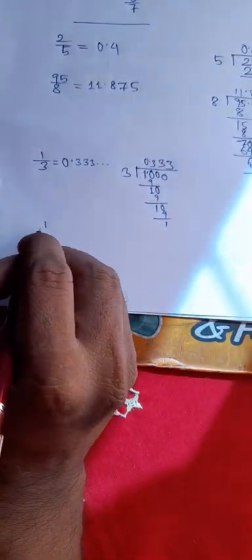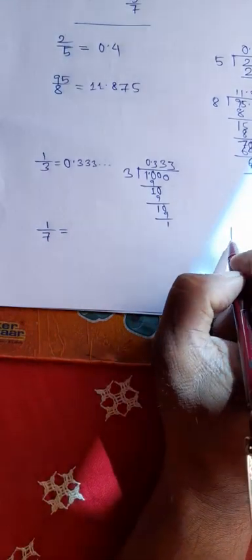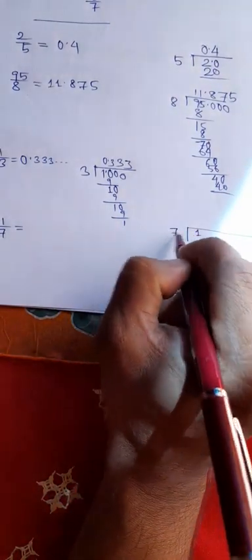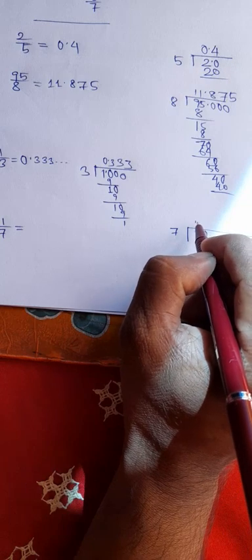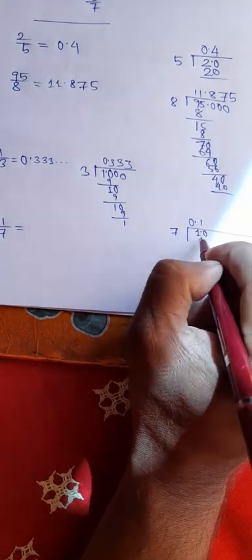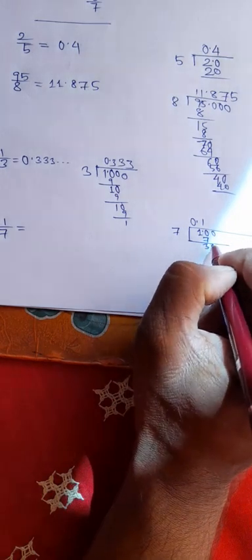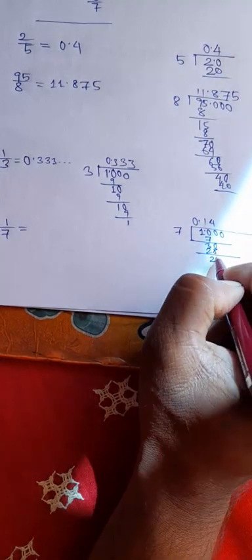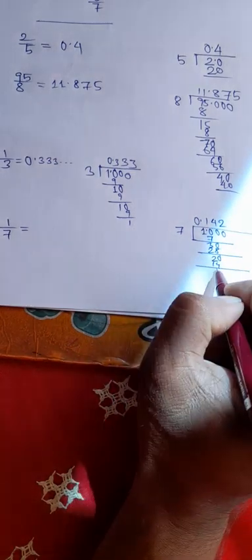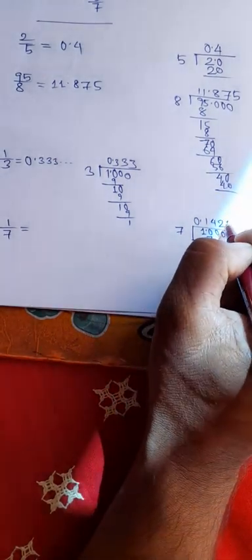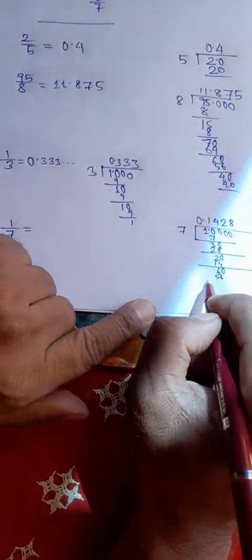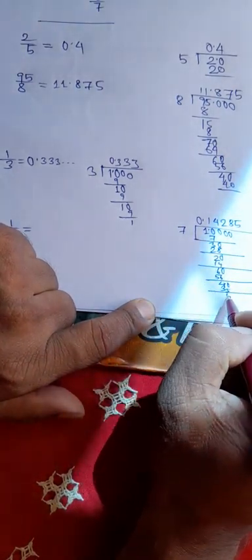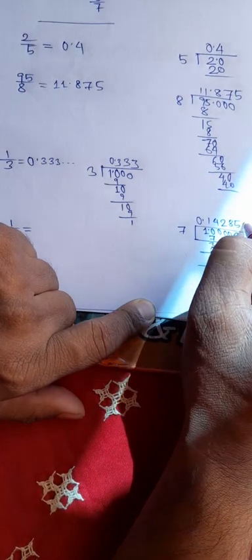Think about another number. Say, for example, 1 by 7. You divide 1 by 7. 7 1s are 7, 7 4s are 28, 7 2s are 14, 7 8s are 56, 7 5s are 35, 7 7s are 49.